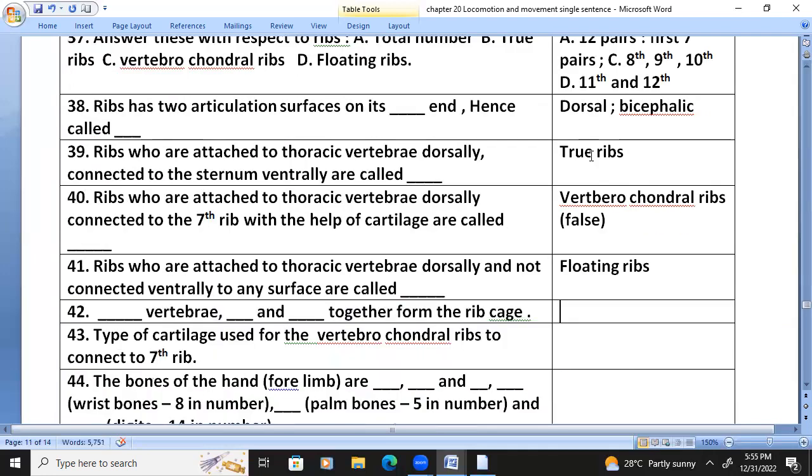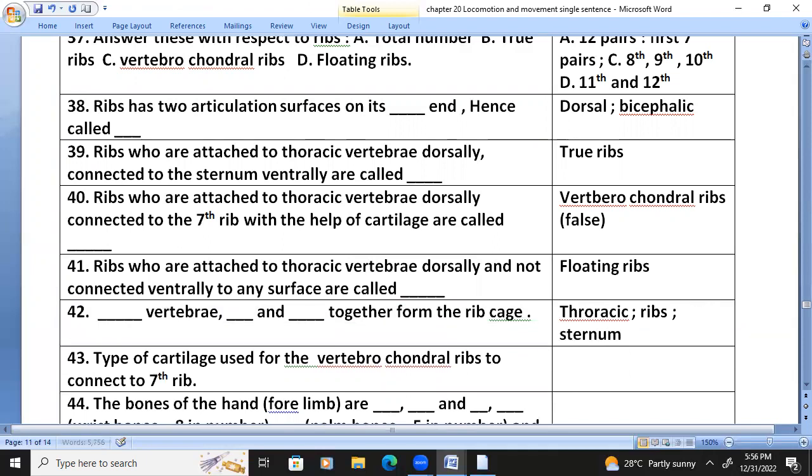Thoracic vertebrae, ribs and sternum together form the rib cage. Type of cartilage used for the vertebrochondral ribs to connect to the seventh rib: hyaline cartilage.